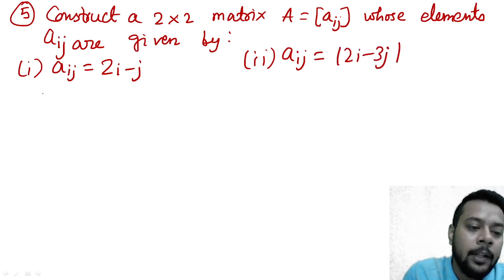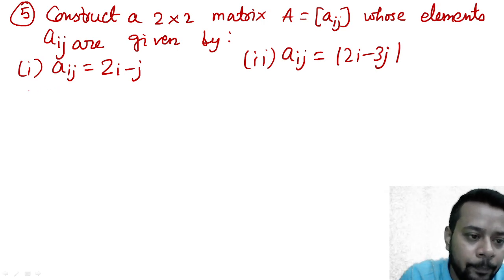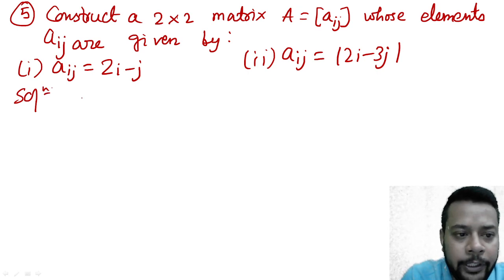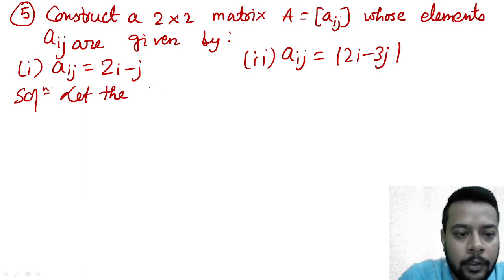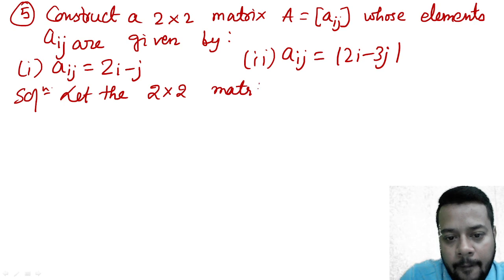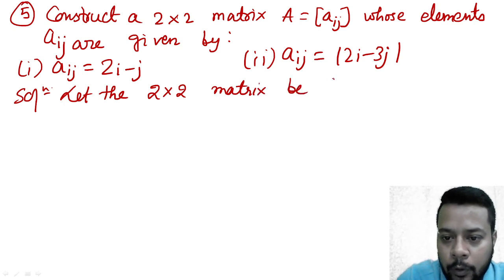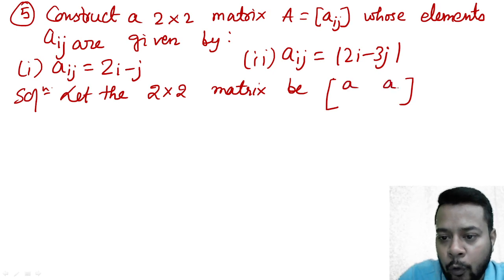So see, collectively we start this question with the solution. For both the subparts we should start with: let the 2 by 2 matrix be these 4 positions.